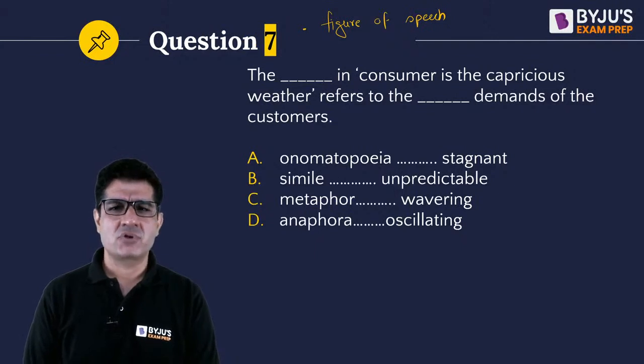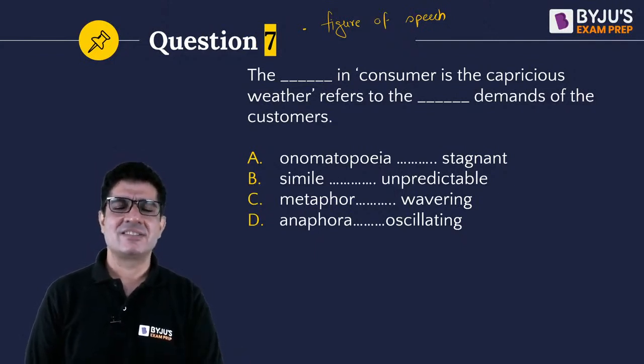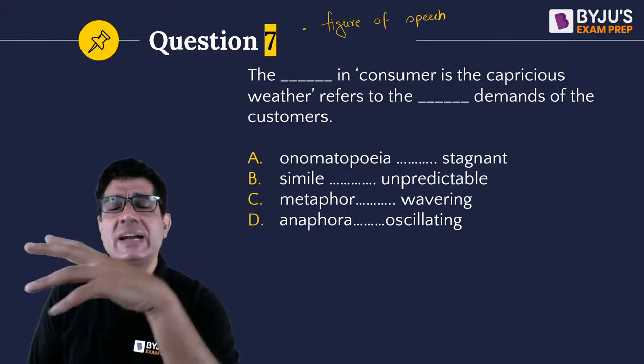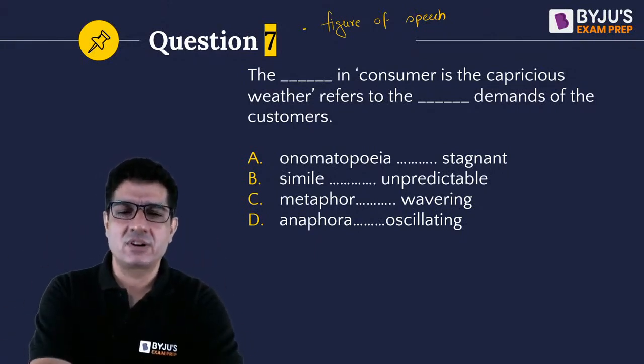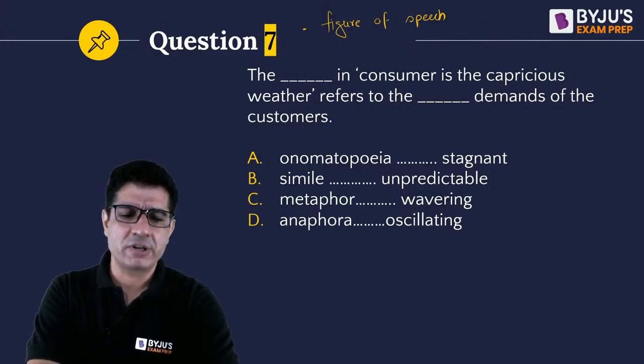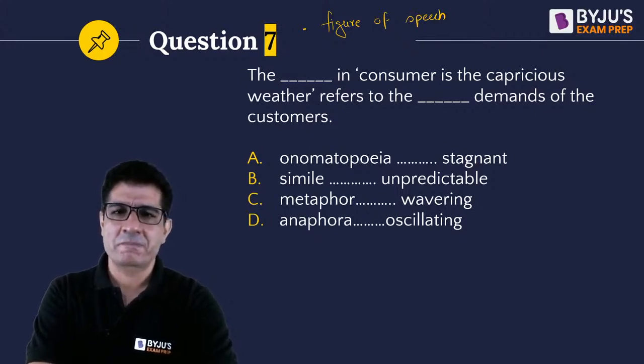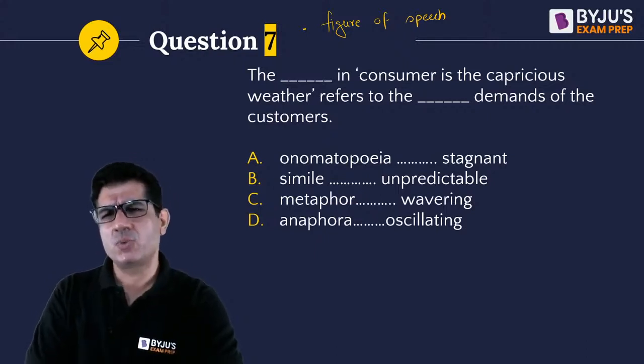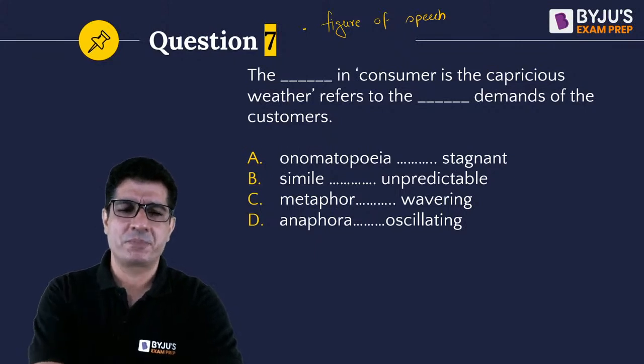So I thought that I'll sneak in one figure of speech question that is combined with the comprehension, and then see how it works. So when you say consumer is the capricious weather, last paragraph, which figure of speech would that be?